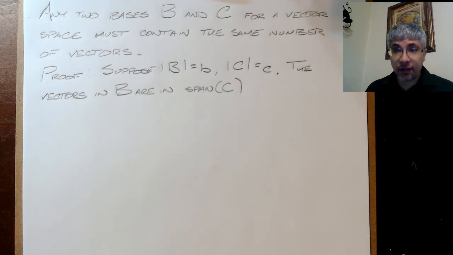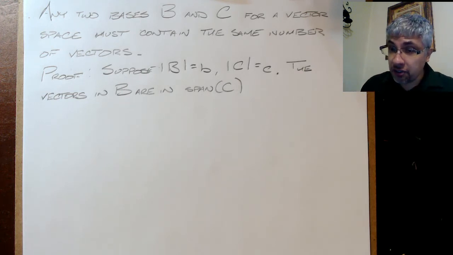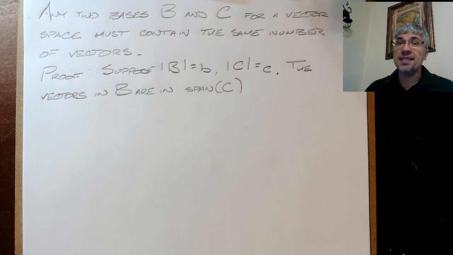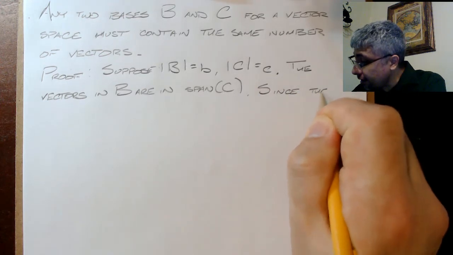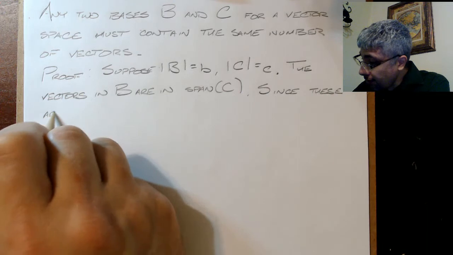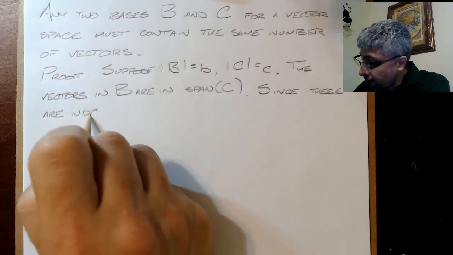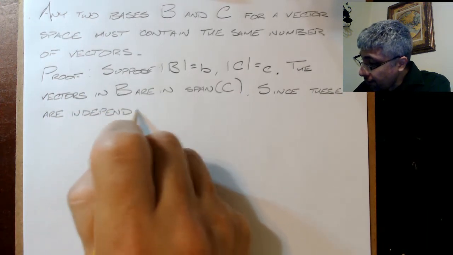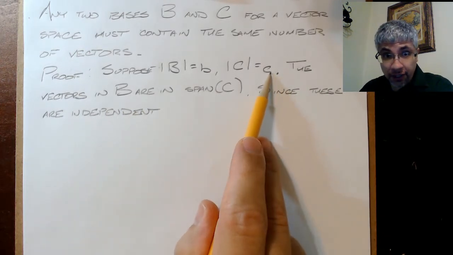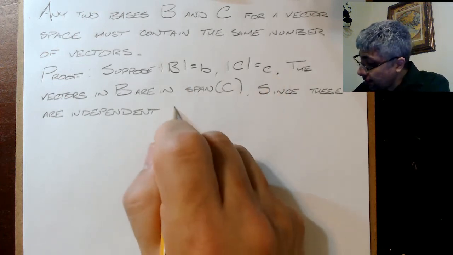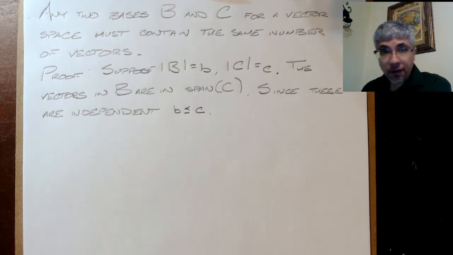So remember what we said. We said we have any independent collection inside the span of n vectors. I know that collection must be size n or less. Since these are independent, that means there has to be c or fewer vectors in B. Okay, that's one direction. But what else do we know?